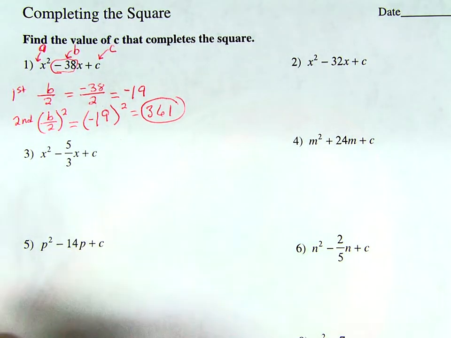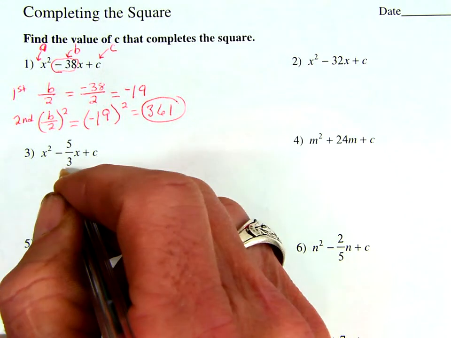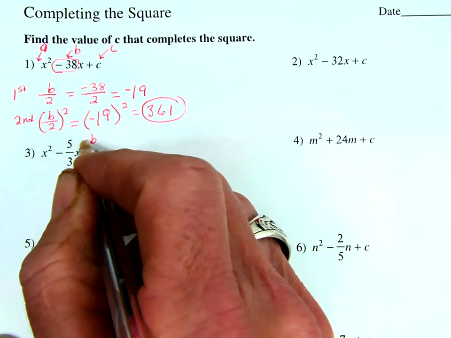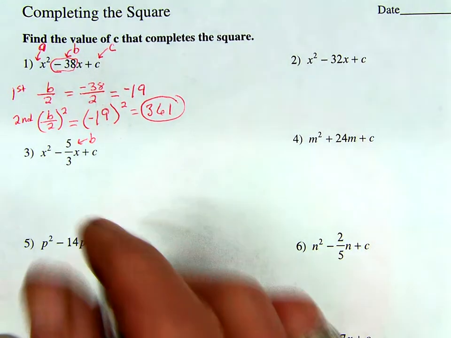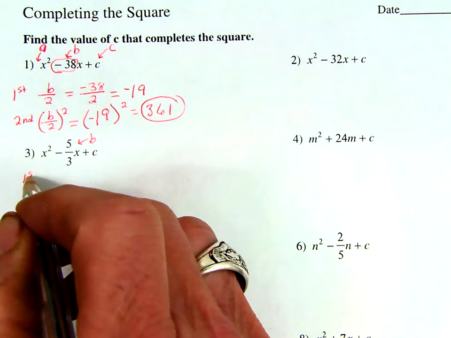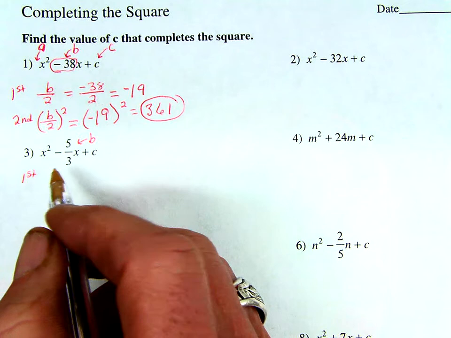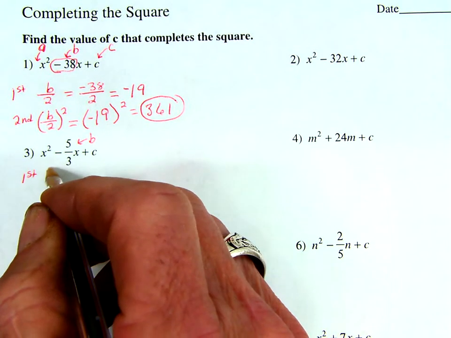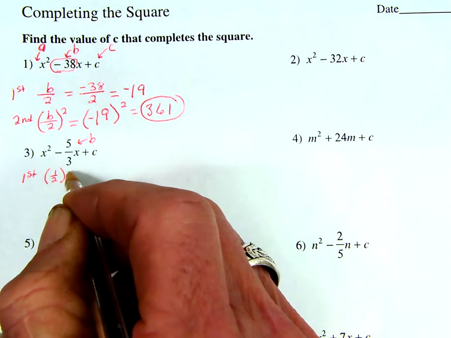Now let's move on to number 3. We're going to do the same process. Here's b. It's negative 5 over 3. So the first step, cut it in half. Well, how do you do that if it's a fraction? Instead of dividing by 2, you multiply by 1/2.